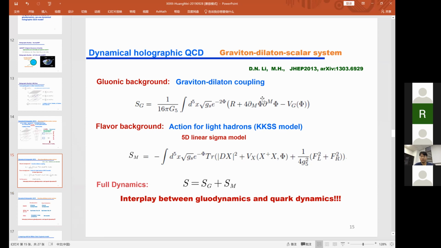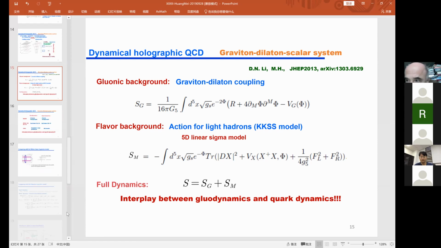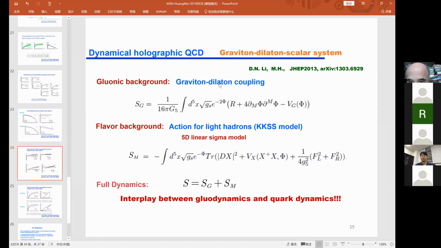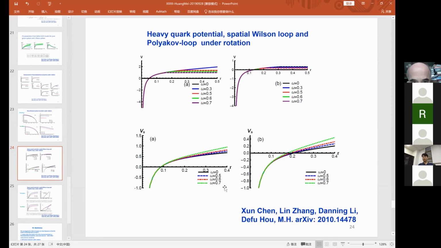Okay, thanks. Okay, next question is from Nugaza. Please ask your question. We have seen that we have an addition to the string tension in the linearly rising potential, right? Yeah, this spatial Wilson loop, you mean this part?